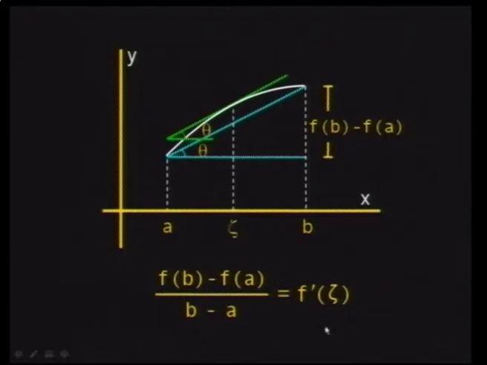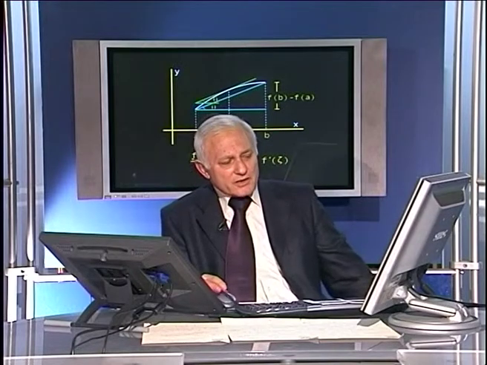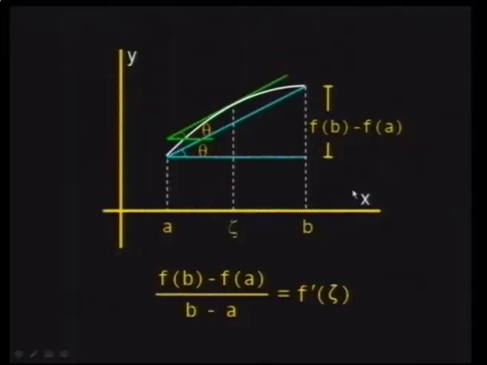Now this theorem is called the mean value theorem because it is the mean value of the function. Suppose that y represents distance, for example, and you take an example like Rome and Naples.